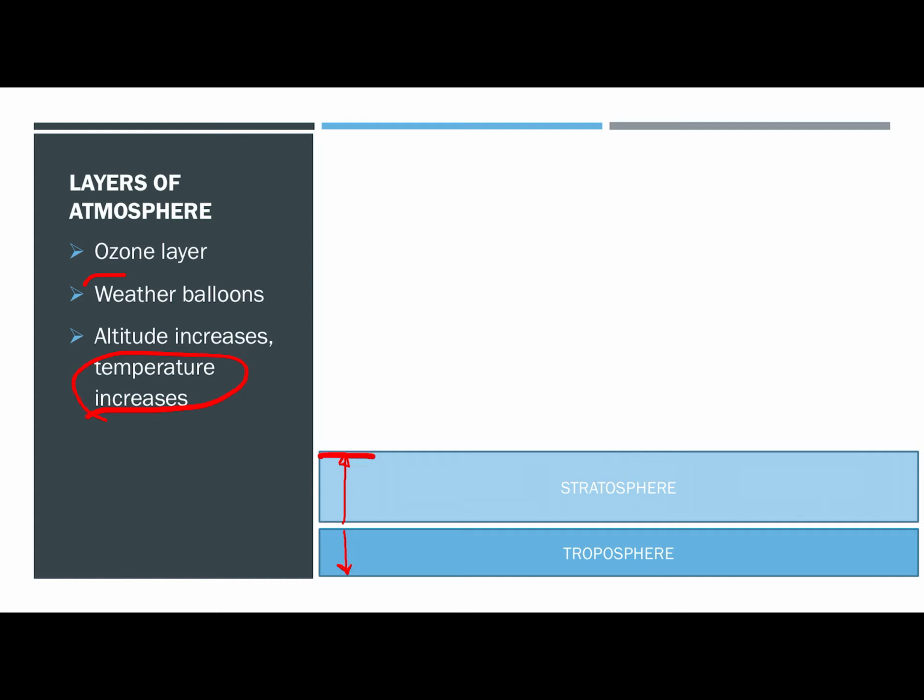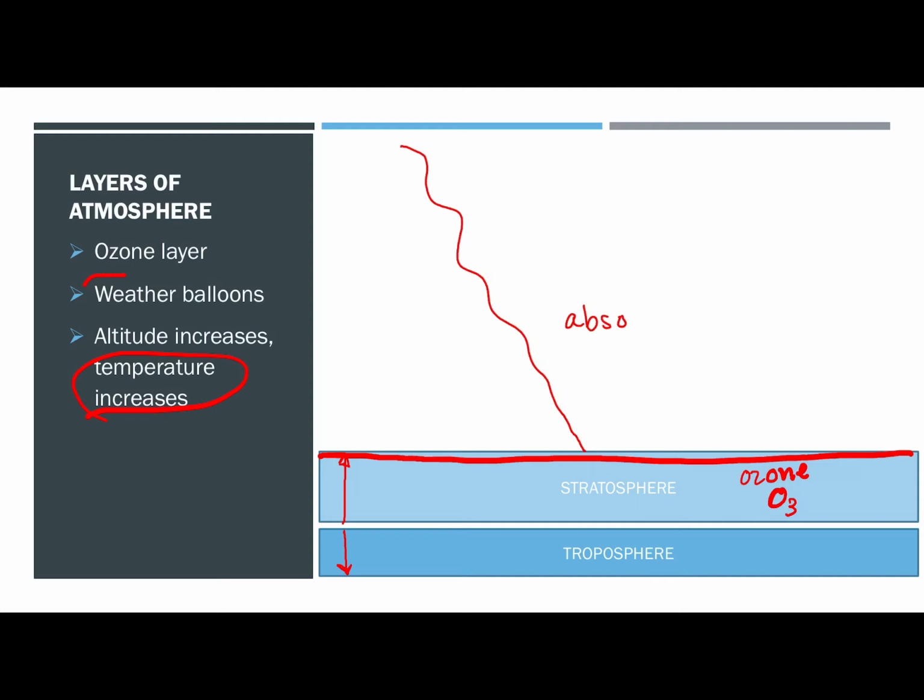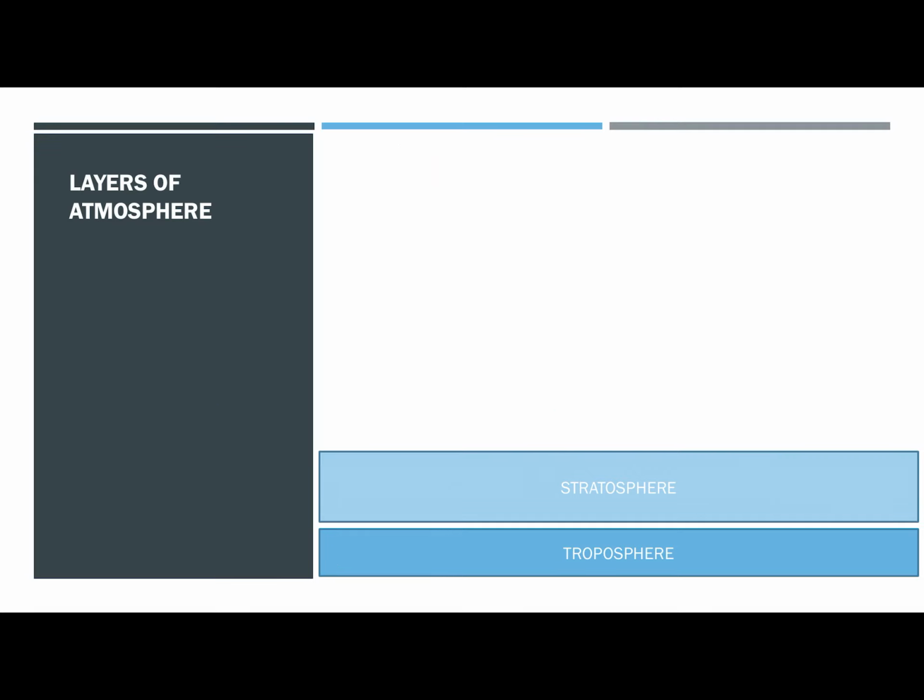We have a layer in here called the ozone, which is O3, which takes the UV energy from the sun and absorbs it. It absorbs the UV light from the sun, which causes its temperature to increase. So the higher you get in the stratosphere, the higher your temperature is because of our ozone.